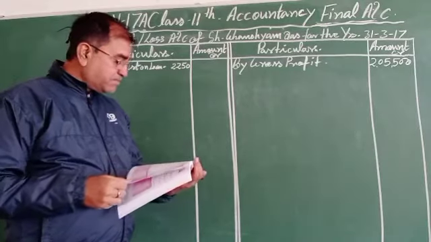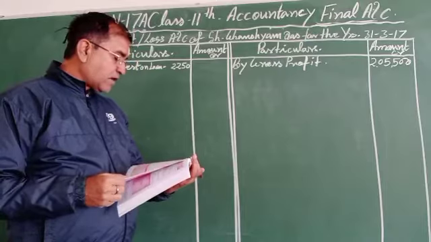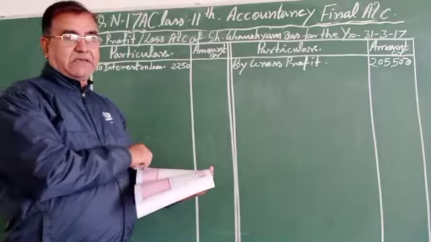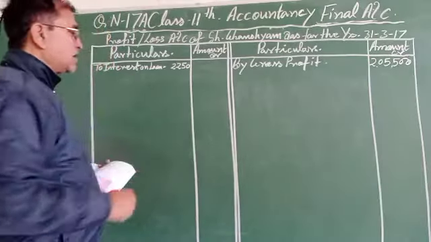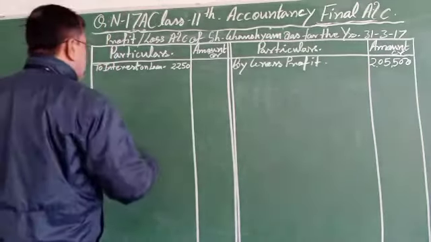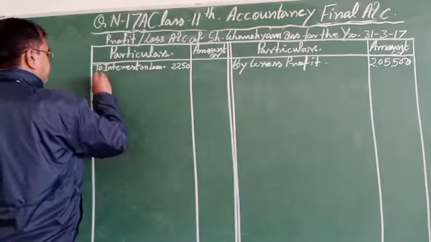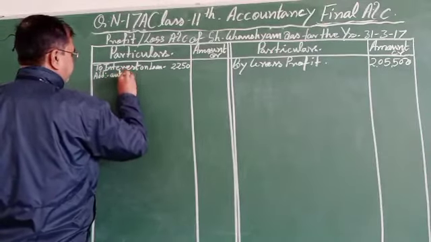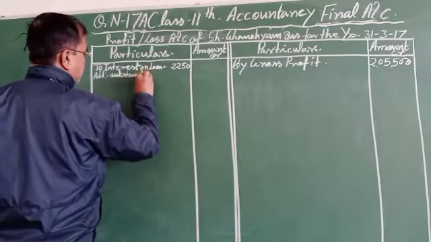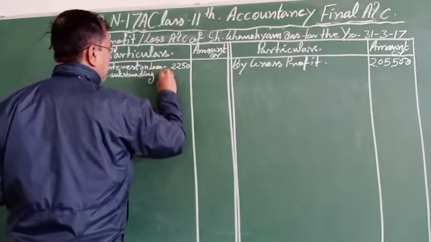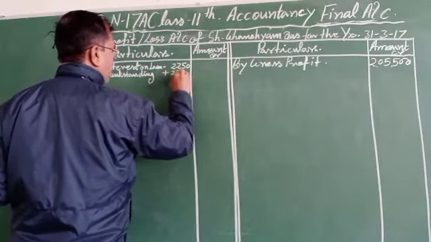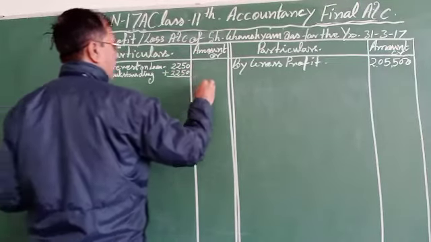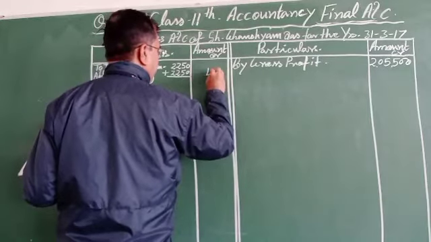The interest on loan at the rate of 15% per annum is unpaid for 6 months. This one is the payment made by the organization, only 6 months. So add outstanding, that is the 2,250 also. So 4,500.